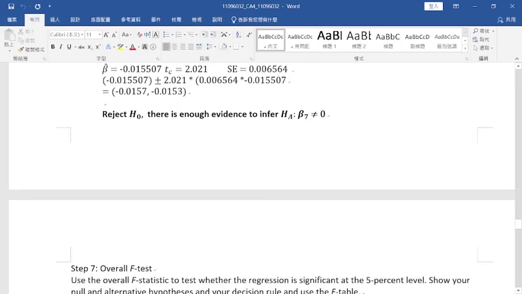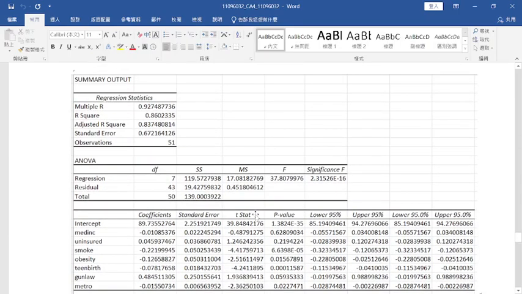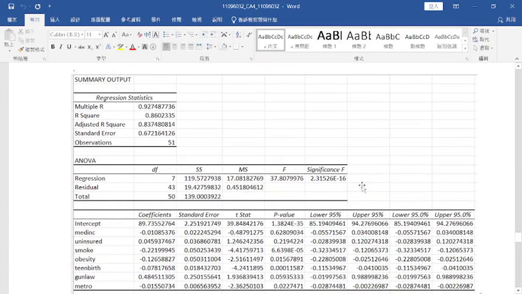What's the Excel output? Yes, you do have this one. So there are two parts, right? Are these two numbers the same as yours? 0.227, I think that is.